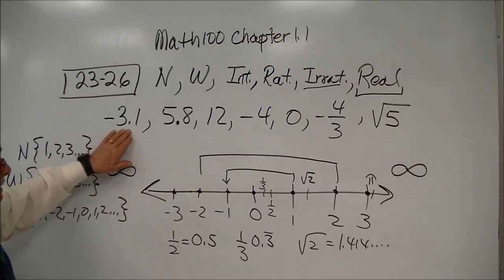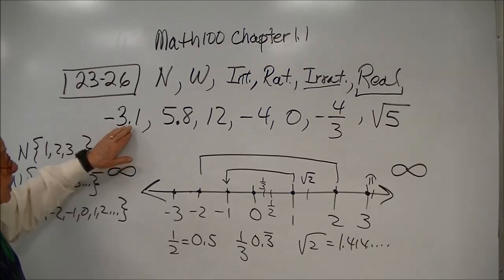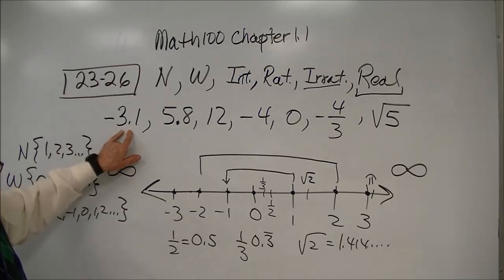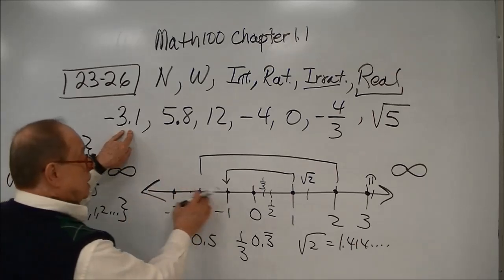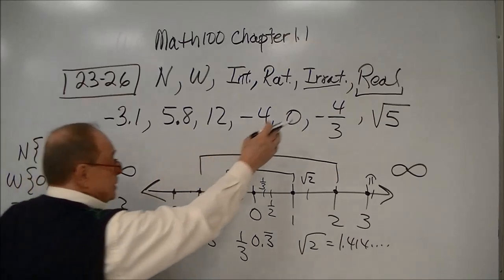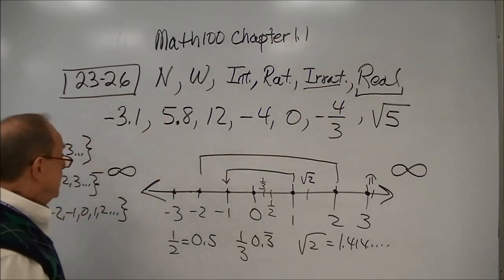Well, what is this? Is it natural? No. Is it a whole number? No. Is it an integer? No, because of the decimal part. So this number is a rational number. It's on the number line, but not one of these others. And all of these numbers are real numbers.